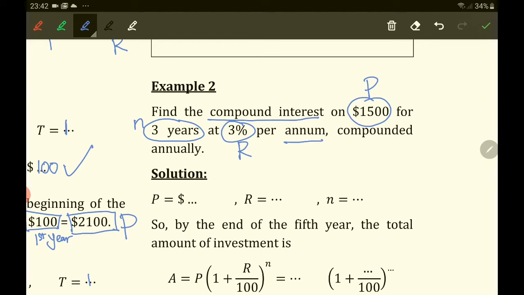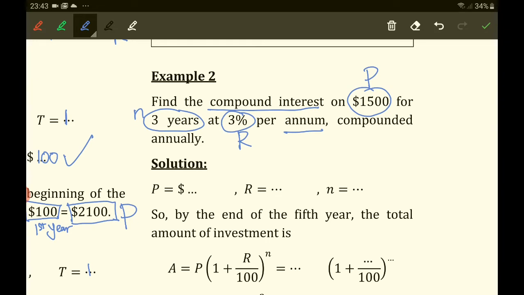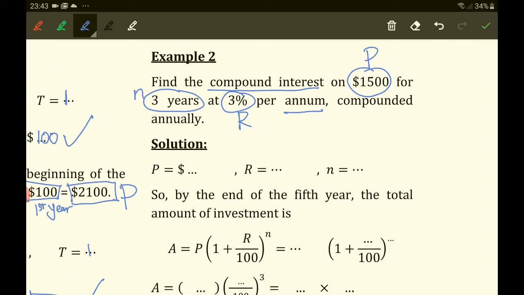Annum means year, compounded annually. So we are going to find the compound interest after 3 years, with the principal 1,500. So we write principal is 1,500 and R is 3, and n here is 3 also.